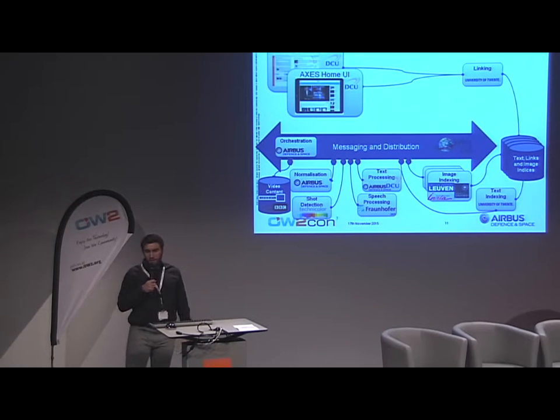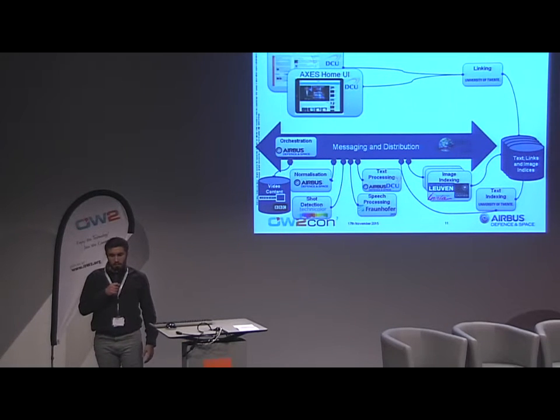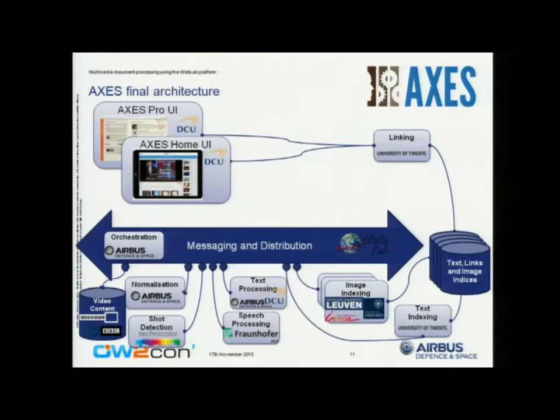Then we developed the Axis home UI, for the home user. The idea was to have something much more like YouTube, where people spend time, and you watch a video and you get recommendations of similar videos so that you can spend a lot of time on the system.